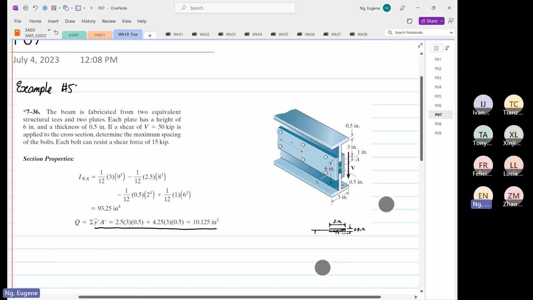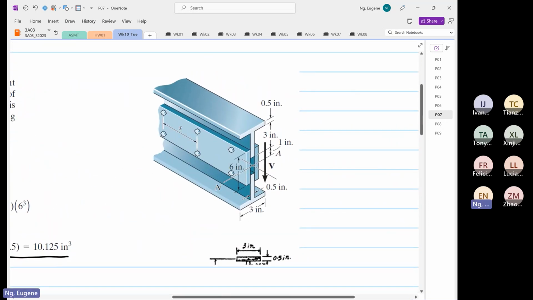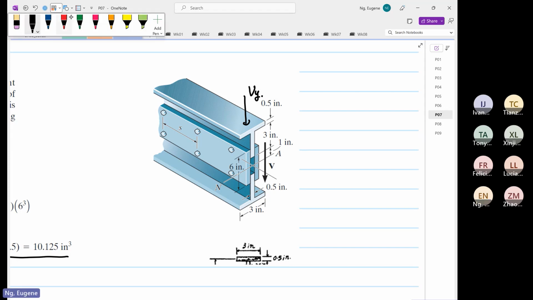If you look at this structure now, the member, so this is our Vy, and you can take this as a thin wall. Let's combine thin wall analysis with this. So we know that the shear flow has to do this.